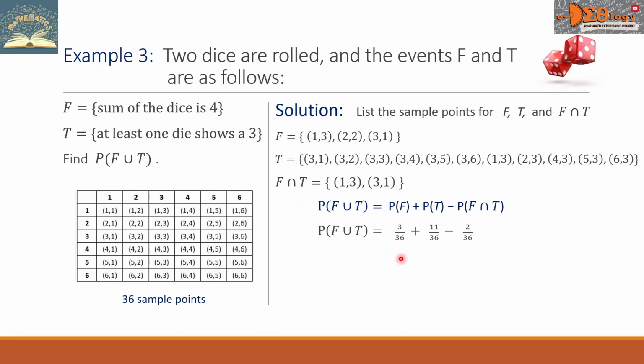Now we simplify the fractions. We have a common denominator, so we write 3 plus 11 minus 2 all over 36. The numerator is simplified into 12 over 36, and the lowest term is 1 over 3. This is the final answer.